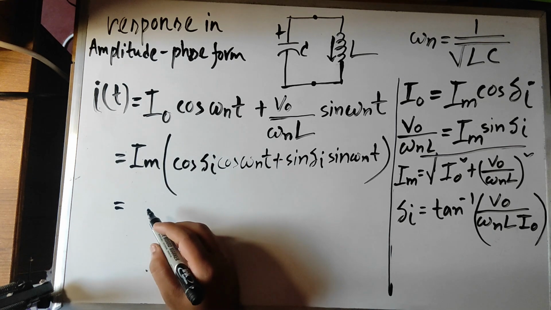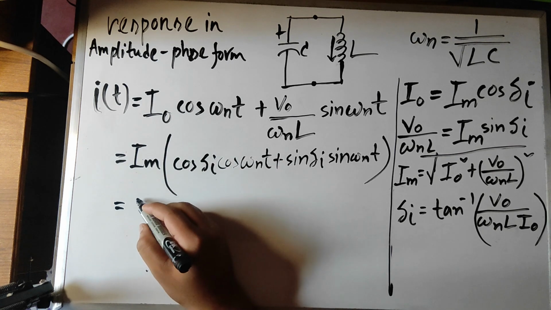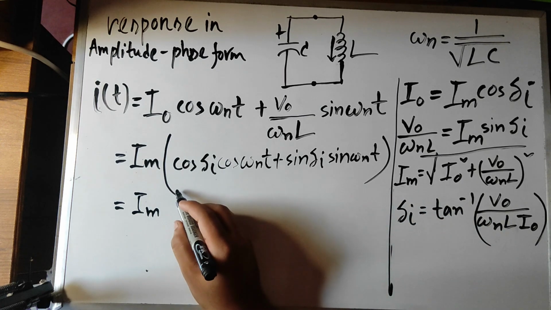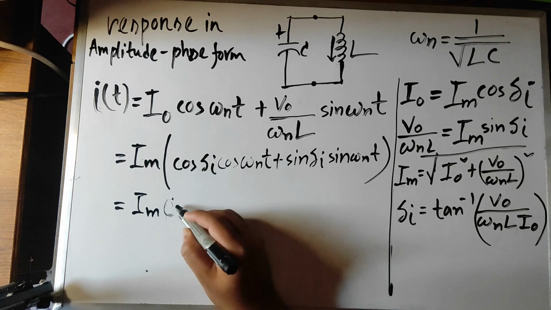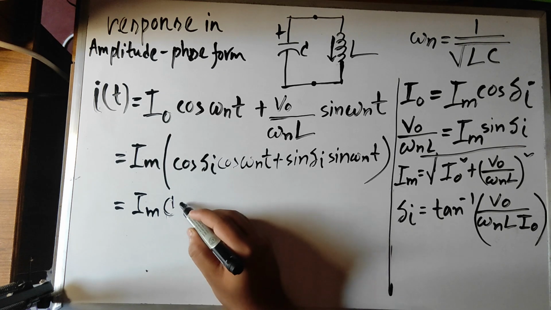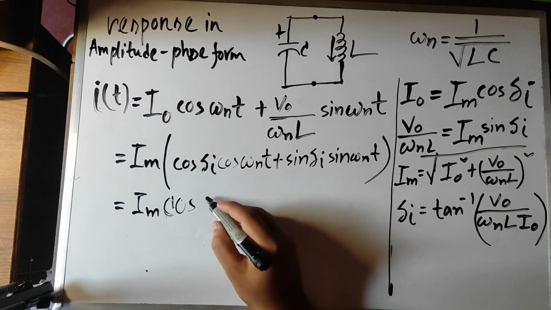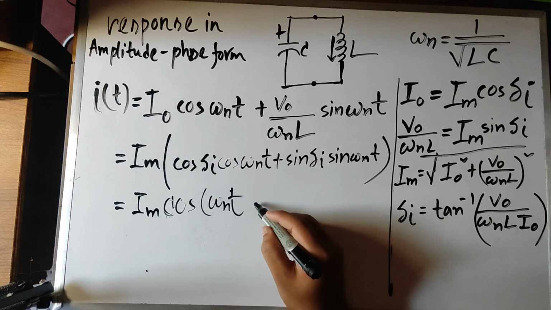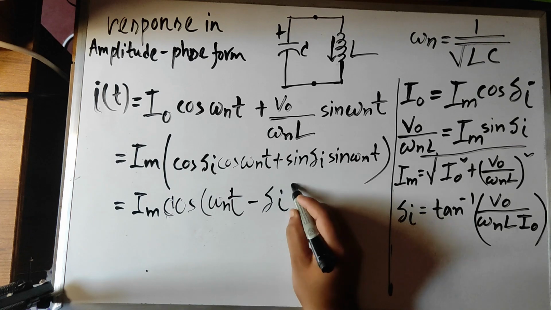Now we can easily write this, by trigonometric formula, as Im cos omega n t minus delta I.